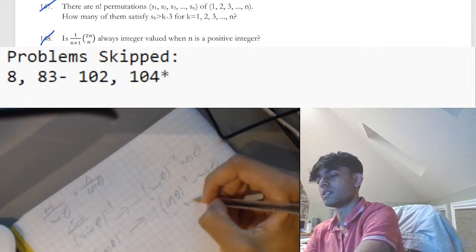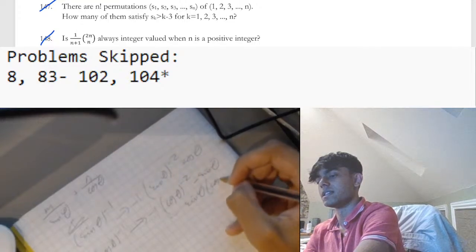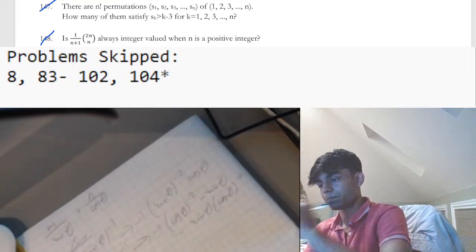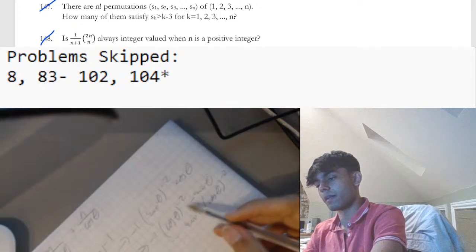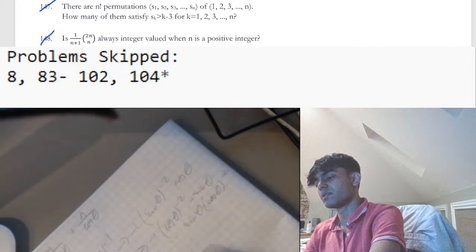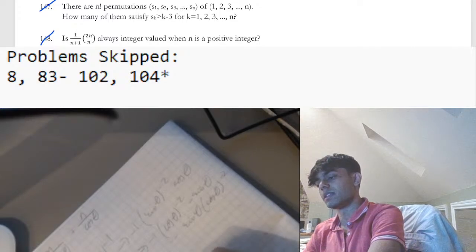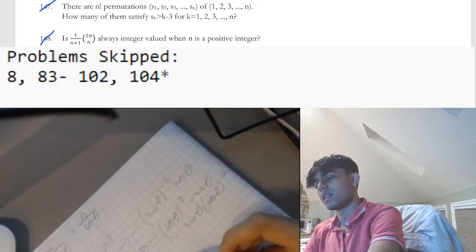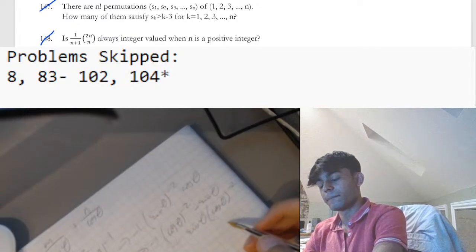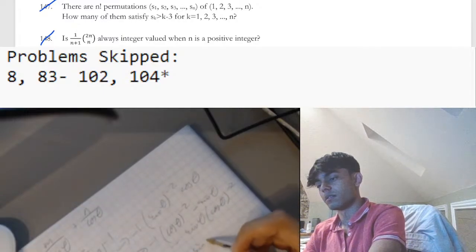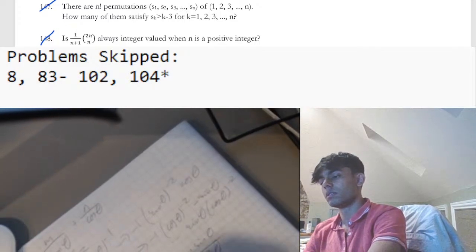So you're going to get minus m cos theta over sine squared theta plus n sine theta over cos squared theta. And these things to be equal.